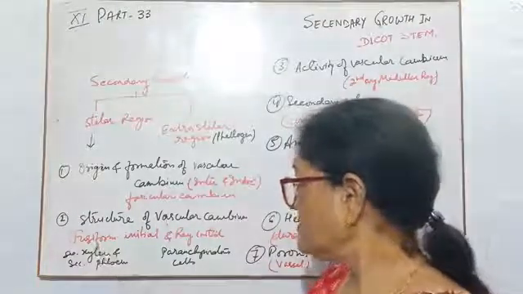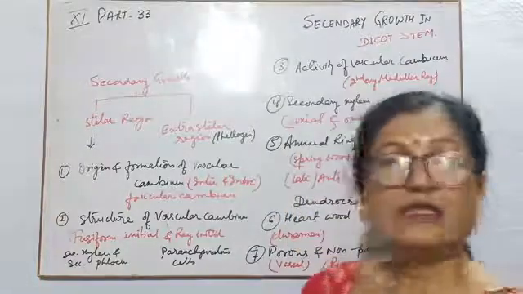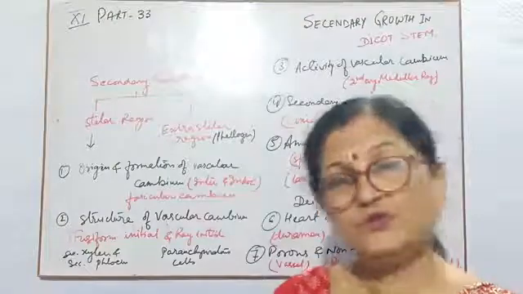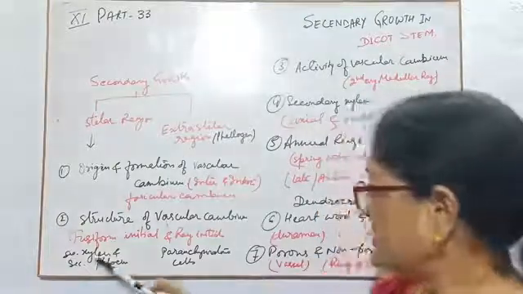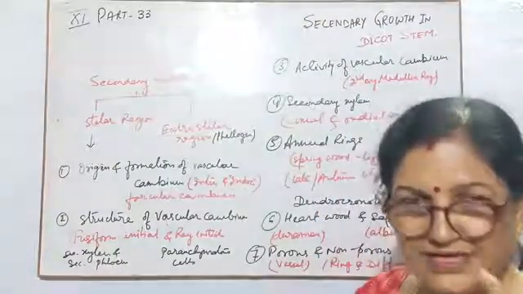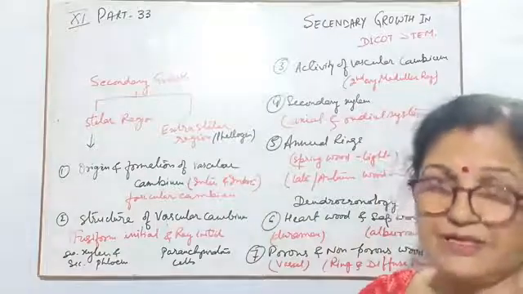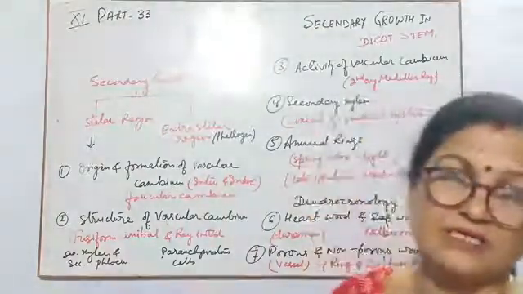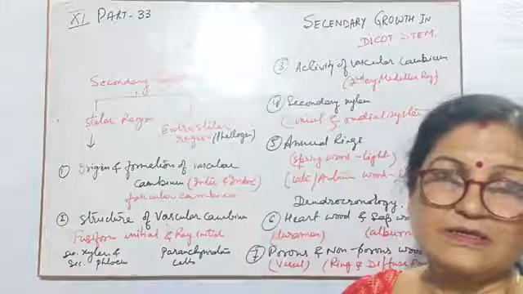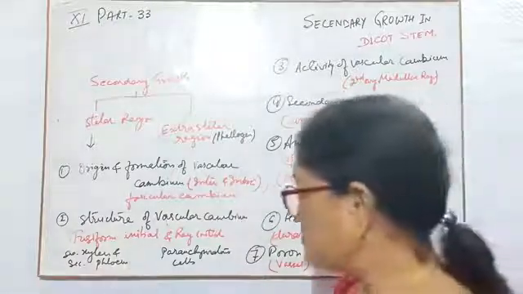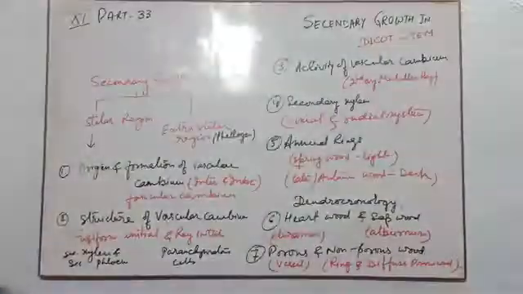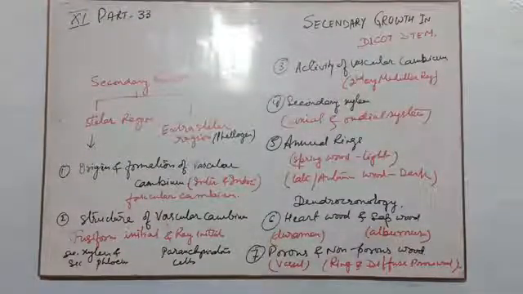First we will go for the fusiform initial. They help to form the secondary xylem, that means mainly xylem tracheids, and phloem cells. So these are produced by the fusiform initial, mainly xylem tracheids with the tapering end.